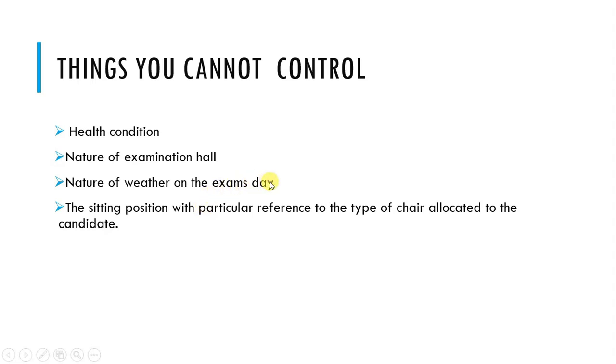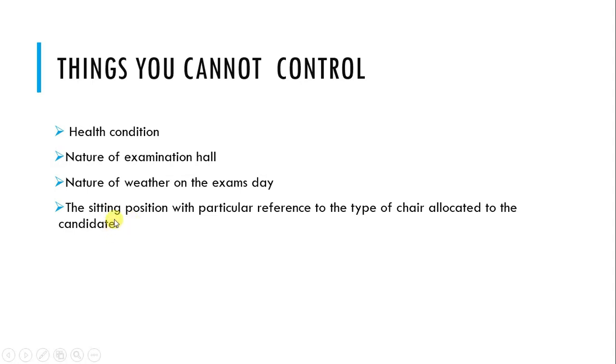The nature of the weather on that day: probably it may be raining while you are coming to the exam hall. There are so many things. Also the sitting arrangement. I remember times you go to certain exam halls and the chair you are given is not in good shape.